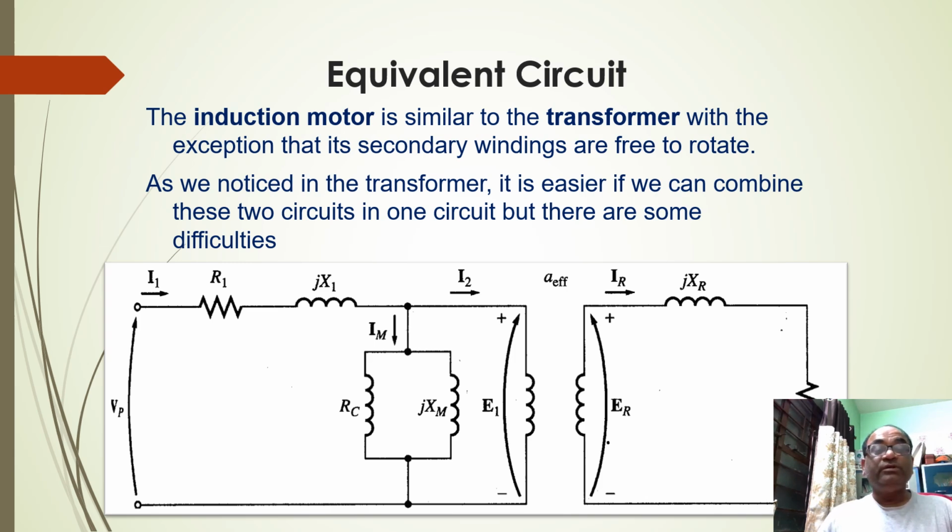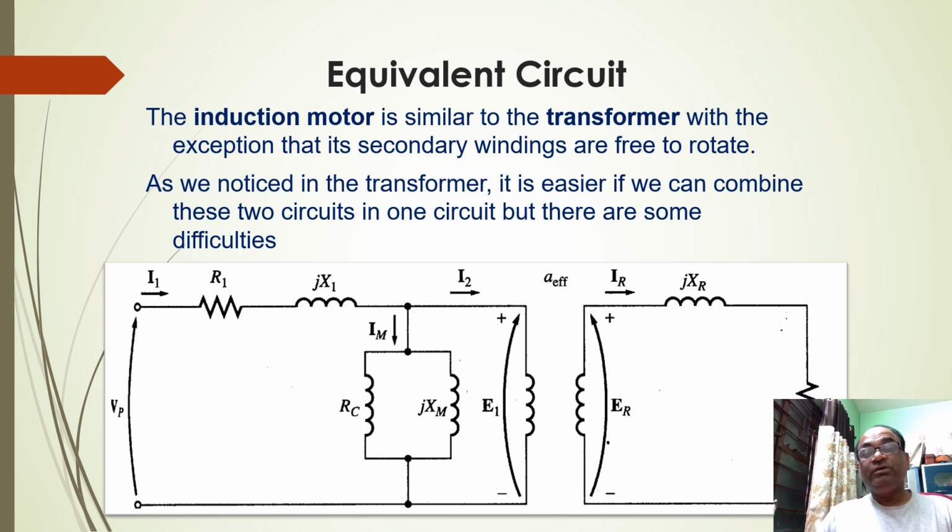So here is the equivalent circuit. This is the resistance R1 of the stator side, and jX1 is the reactance of the stator side, and the magnetizing component of the stator side is RC and XM. Okay, and this part is the winding itself.